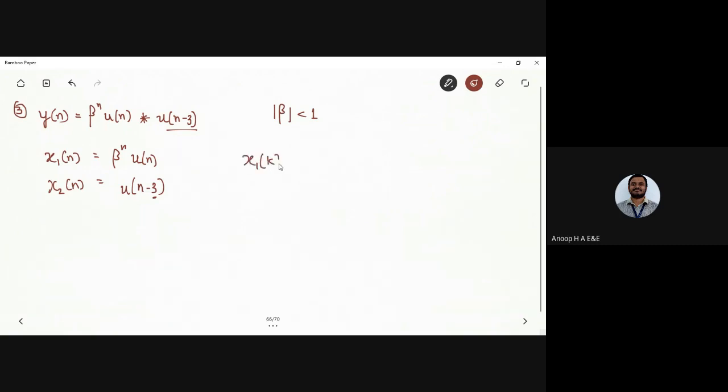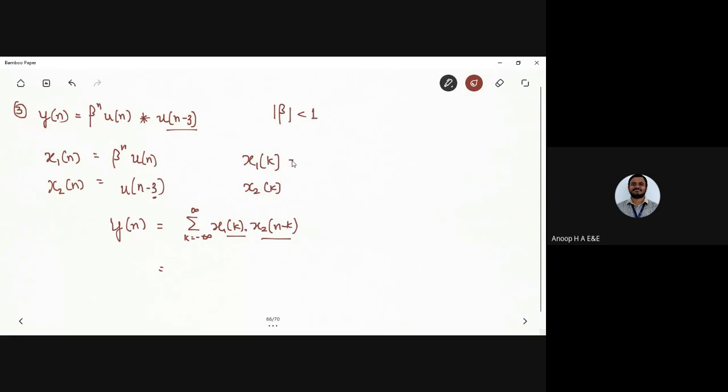Let me write it here. x1 of k and x2 of k. Now, I'll write again y of n, which is given by sigma k equals minus infinity to plus infinity of x1 of k into x2 of n minus k. So I have x1 of k and x2 of n minus k.